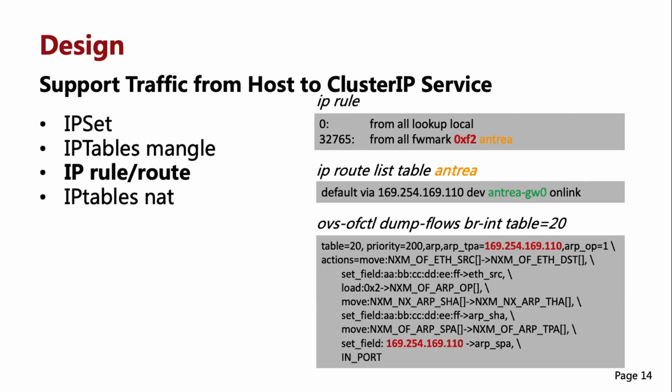Basically, it will choose the source IP according to the route table, because the route table tells it should go to the antrea-gw0 link. For Windows, we will find the nearest neighbor or the best match route rule.